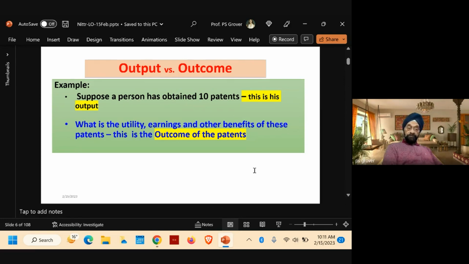Now, what is the utility, earning, and other benefits of these patents? This is the outcome of the patents, indicating that outcome indicates the utility, the benefit that one earns from undergoing a certain activity.